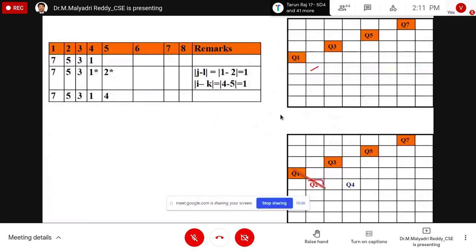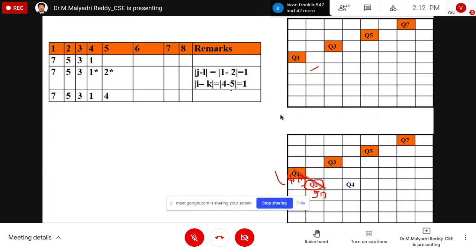How do we check whether it is feasible? By applying the formula, j minus l is equal to i minus k. Here the j value is 1, so its position is 4, comma 1: fourth row, first column. The other is 5, comma 2.